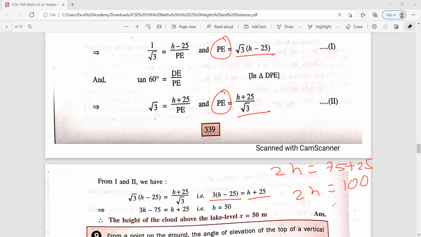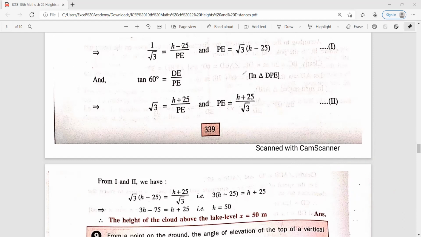So 2h is equal to 100. This means h is equal to 50. So what is the height of the cloud above the lake level? 50 meter. Is this correct? Did everyone understand what we did? Right? This is one of the important problems. Okay, it is easy but you should be able to imagine what is happening.